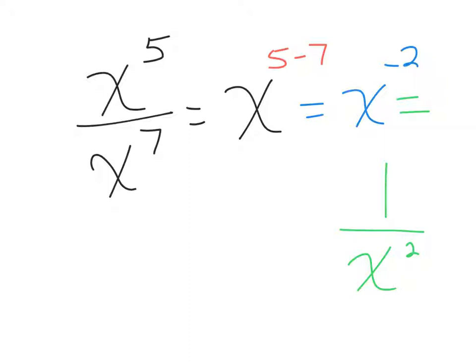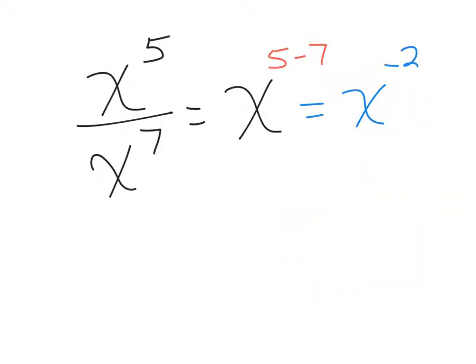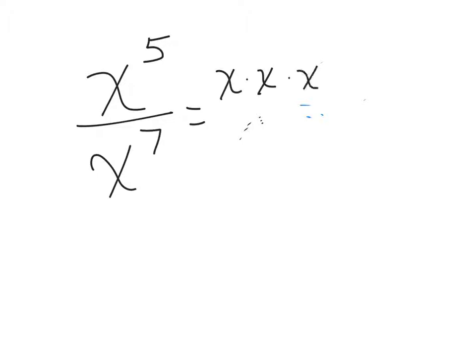But let's break that down, and I want to show you another reason why we can do that and get to this answer, 1 over x squared. Looking again at this problem, so here's the original problem. Thinking about how we can factor that out, as we did with the expanded version. So x to the 5th, and I'm just going to quickly write this out, will be x multiplied 5 times.